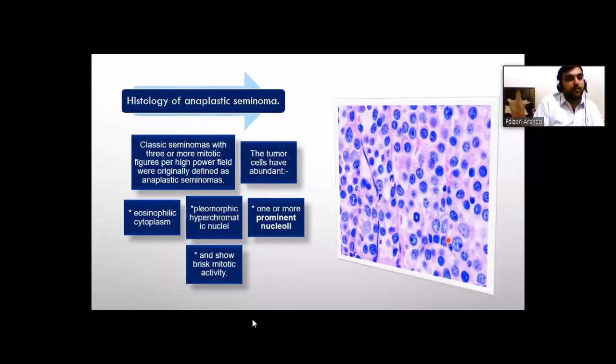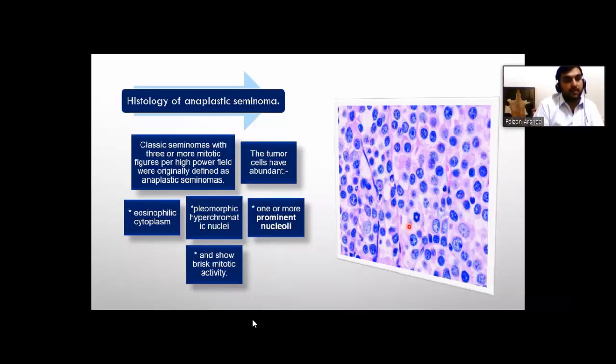Classic seminoma with three or more mitotic figures per high power field was originally defined as anaplastic seminoma. The tumor cells have abundant eosinophilic cytoplasm, as we can see, pleomorphic hyperchromatic nuclei, one or more prominent nucleoli, and show brisk mitotic activity. This is the main feature, three or more mitotic figures.